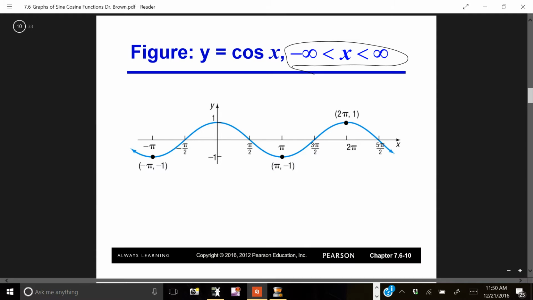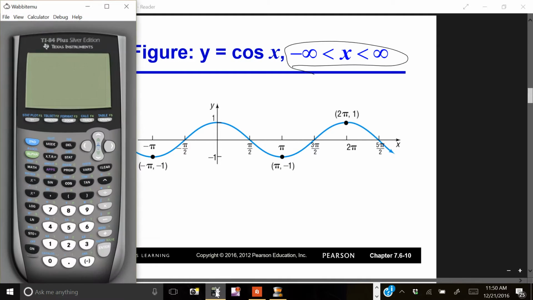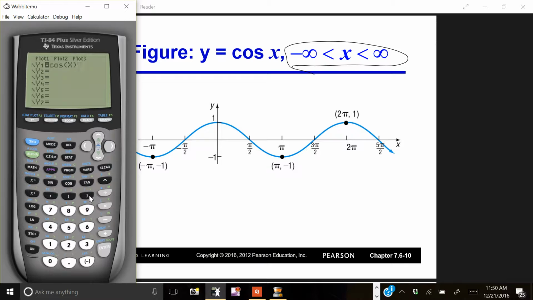Let's put cosine in our calculator. Let's put cosine of x. We're already in the radian mode.